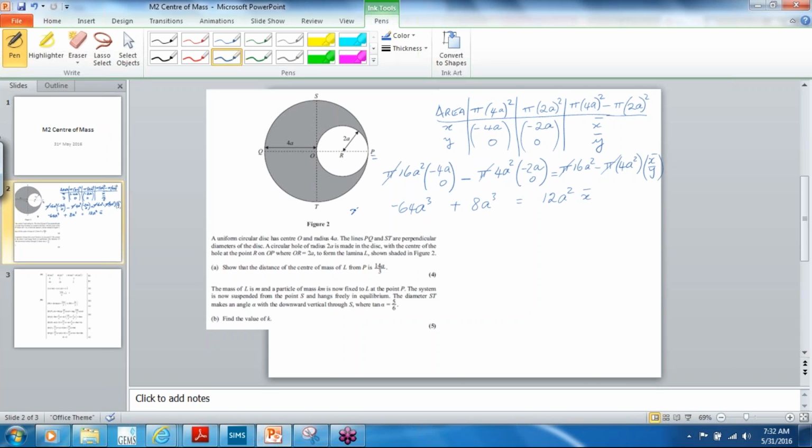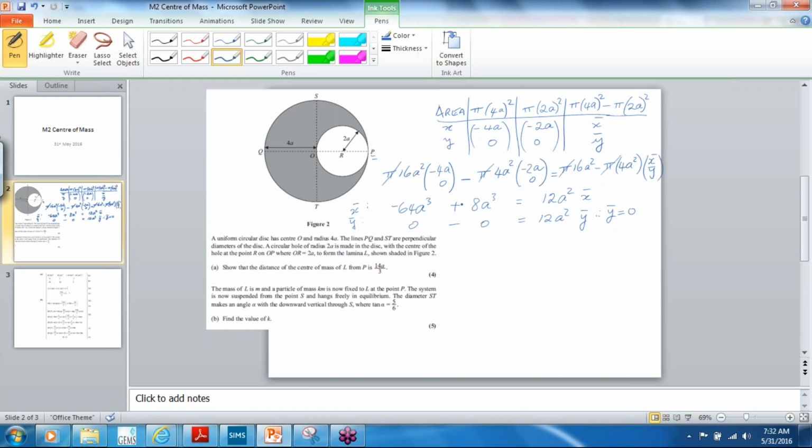Now for the y bar coordinates, it would be 0 minus 0 equals 12a squared y bar. Therefore, we can straight away see the centre of mass for our y position will be 0.